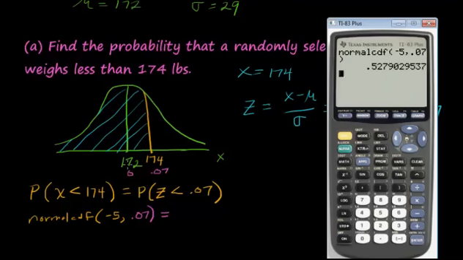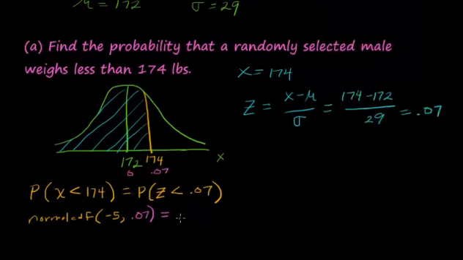And I want my probability to 4 decimal places. It's 0.5279. So we found our probability to 4 decimal places, and now we want to interpret our results.